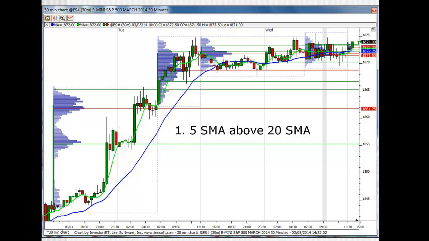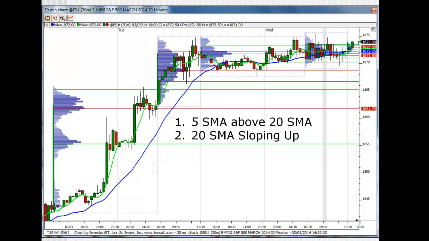How do we spot and how do we identify these wonderful spoon-fed trades, if you will? The first condition is you need to have the 5 simple moving average above the 20 simple moving average. Second, the 20 simple moving average needs to be sloping upwards. You don't want it to be flat. Of course, you don't want the opposite, sloping downwards.